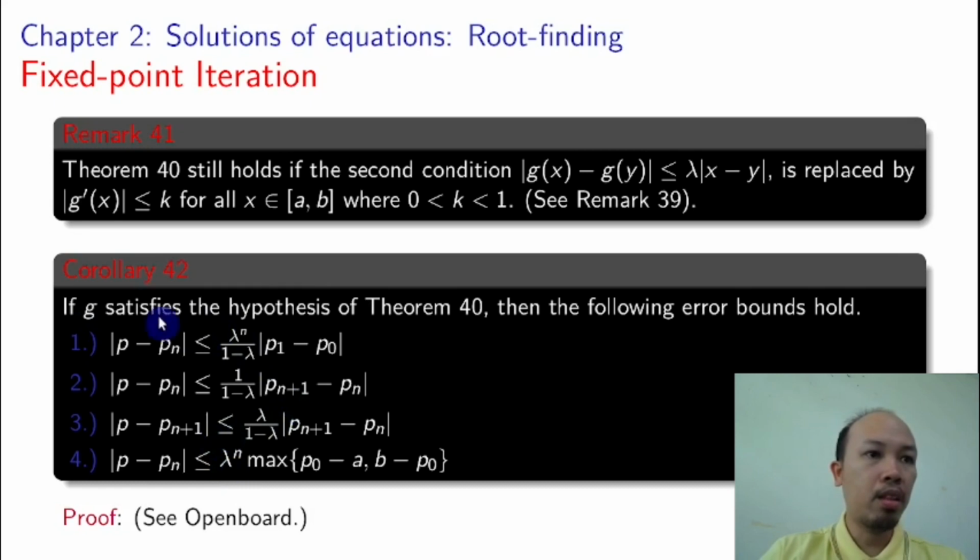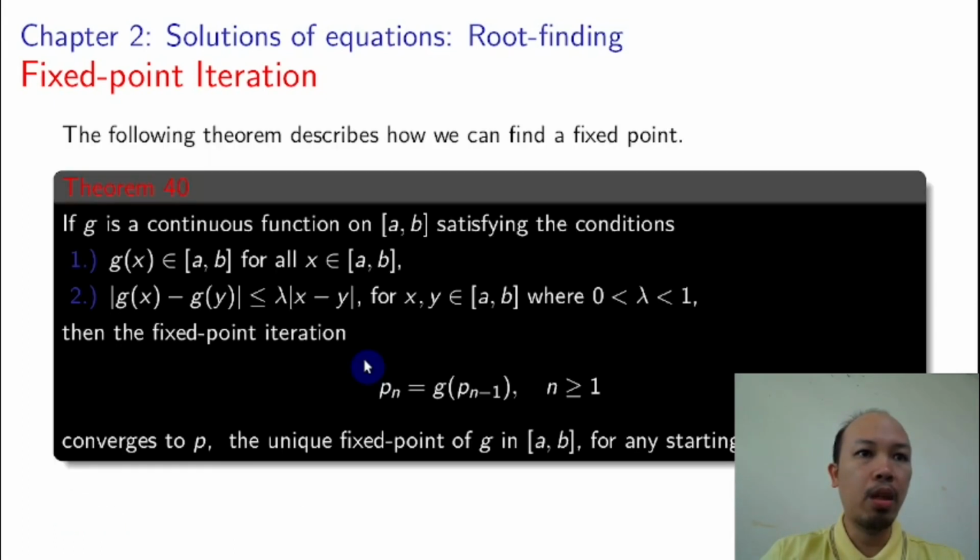So remember that the hypothesis of corollary 42 says that our function g satisfies the hypothesis of theorem 40. So if we go back to our theorem 40, we have these three assumptions: g is a continuous function on the closed interval [a, b], and these two also.